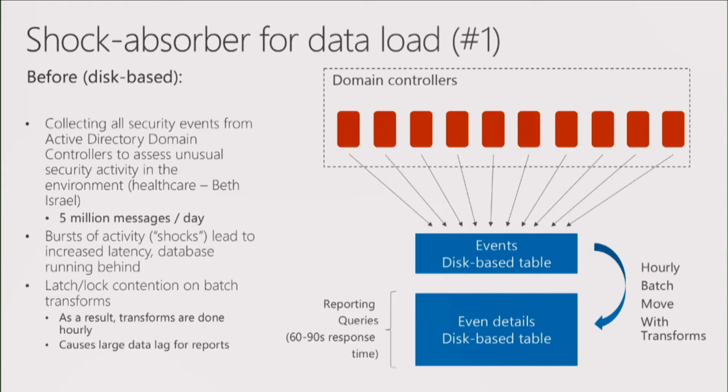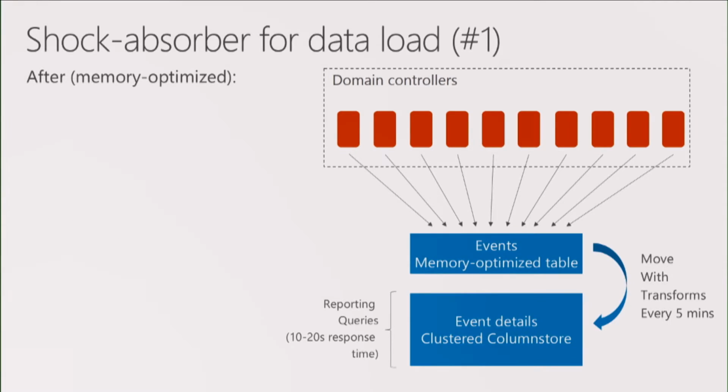As a result, they could run this batch process only once an hour, and that resulted in a large data lag for their reports. They want to be very close to when the security incidents actually happen, because if you detect the breach an hour later, it might be too late and all your data is already gone, right? So they want to have this in near real time.